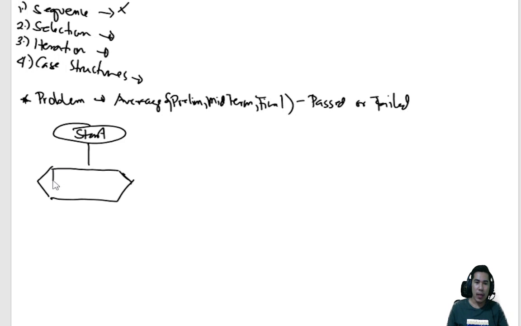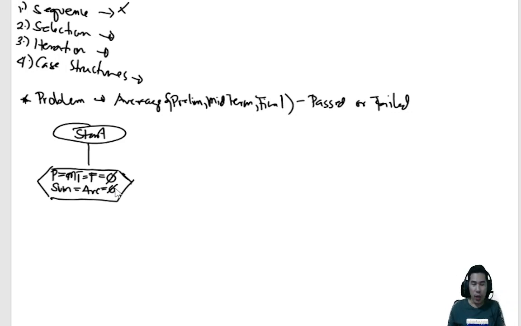P stands for the prelim, and let's say it is 0. The midterm and the final are also 0. So prelim, midterm, and final are all initialized to 0. And let's say sum and average are also initialized to 0.